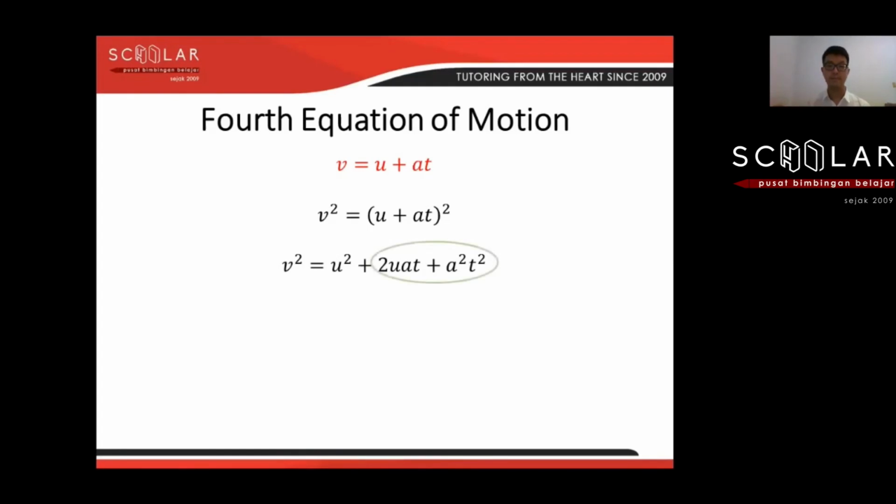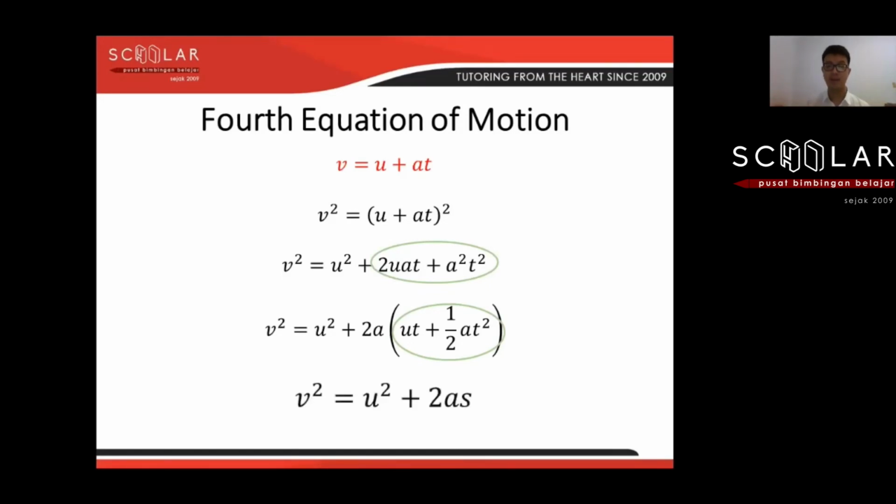Then, from this part of the expression, we factorize 2a out from the expression. Then we will get this expression. As you can see, the terms inside the bracket are actually the third equation of motion. Then we can change that to s, and we will get v squared equal to u squared plus 2as. And here is our fourth equation of motion.